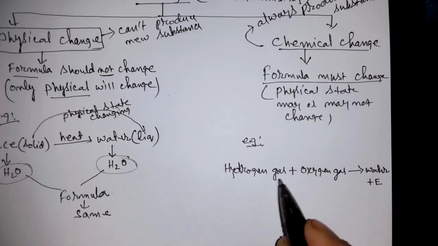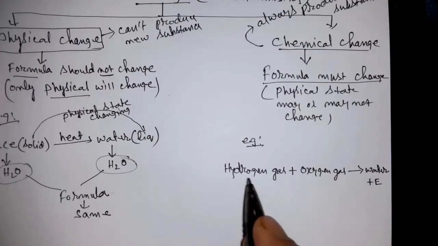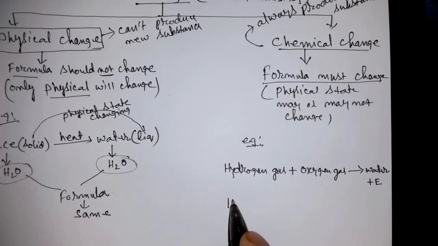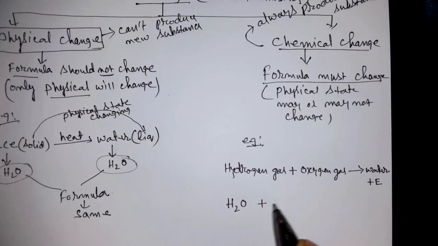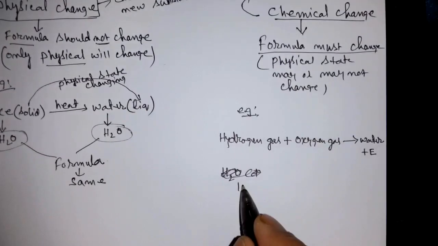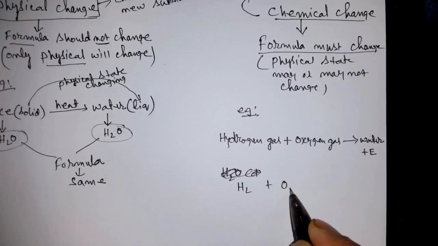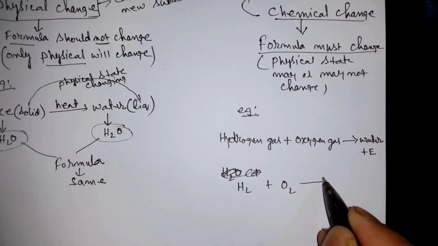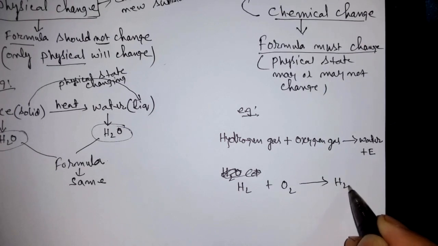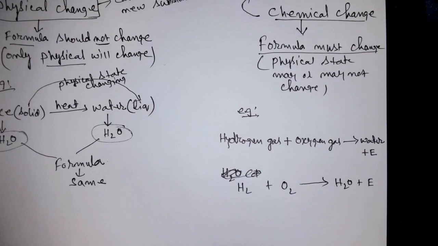Okay, let us write this one in the form of a formula. This I'm just using words. So hydrogen formula is H2. Oxygen is O2. So when these two combine, we get water and energy in the form of heat.